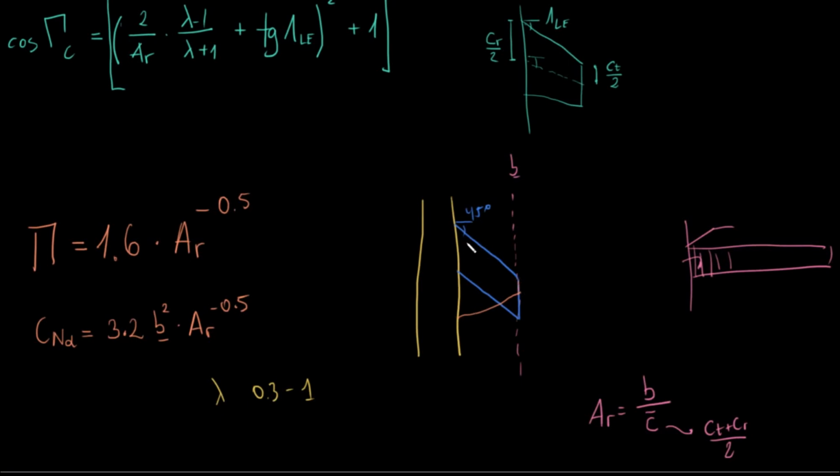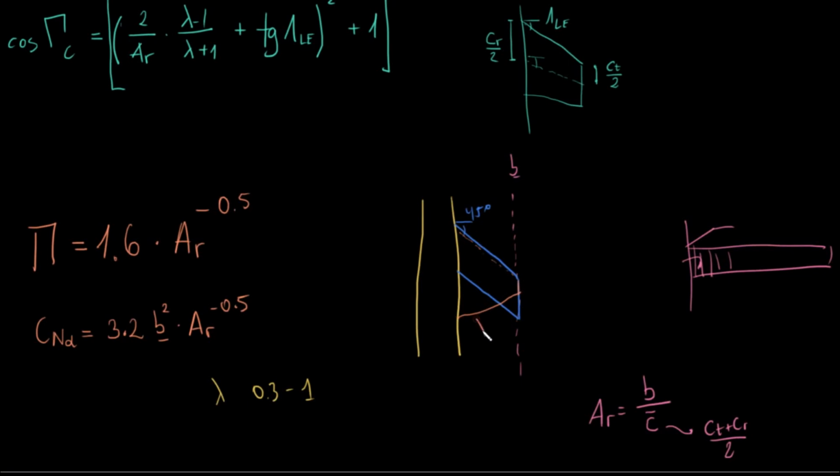These two fins have the same aspect ratio because the semi-sum is the same: the root and the tip of the orange and the blue fins sum the same. Thus, the aspect ratio would be the same. The only difference between these two would be the taper.